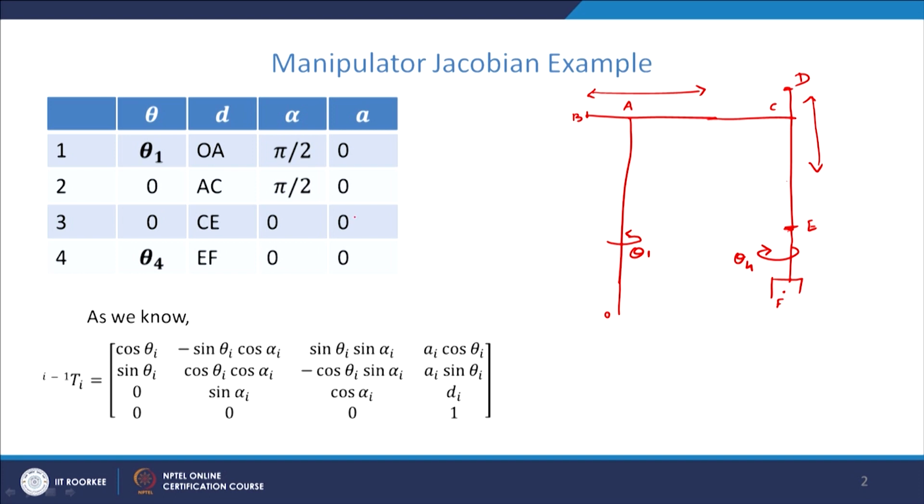So, Z0 is the Z axis of the base frame, Z1 is the sliding direction, Z2 is the sliding direction of the third frame, and Z3 is the revolute axis, the axis of rotation.